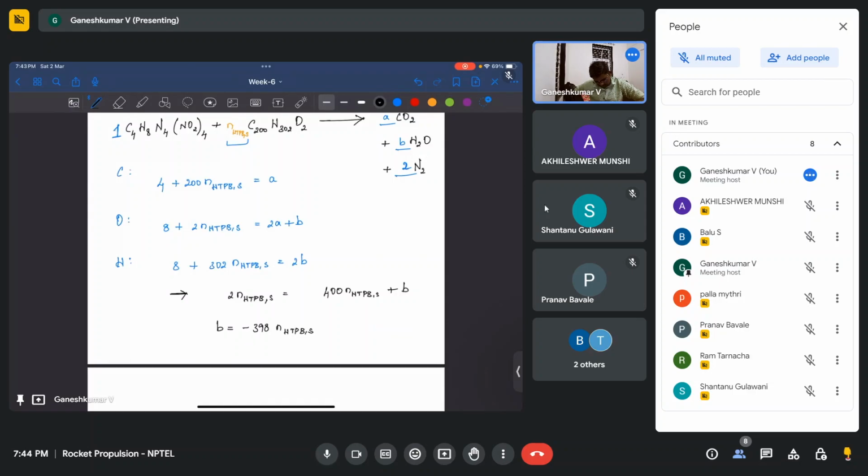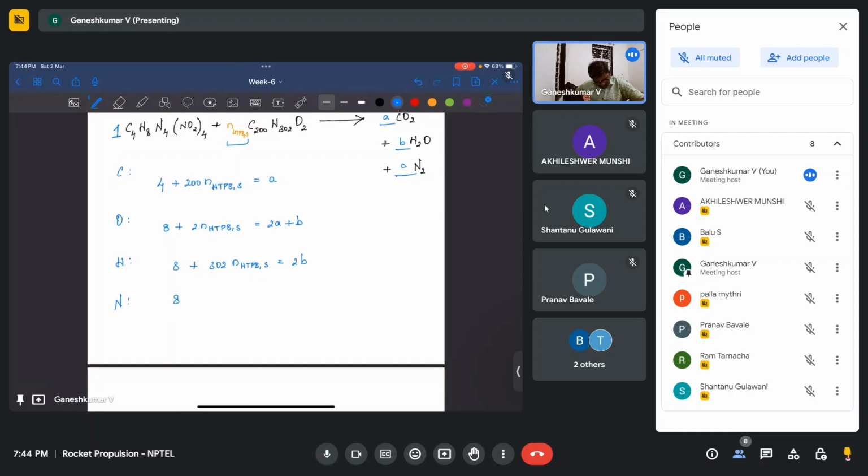Did I write the equations properly? Okay, n is, wait a minute. So this is C. So for the atom balance, you will have 8. 4 plus 4 is 8 here, is equal to 2C.